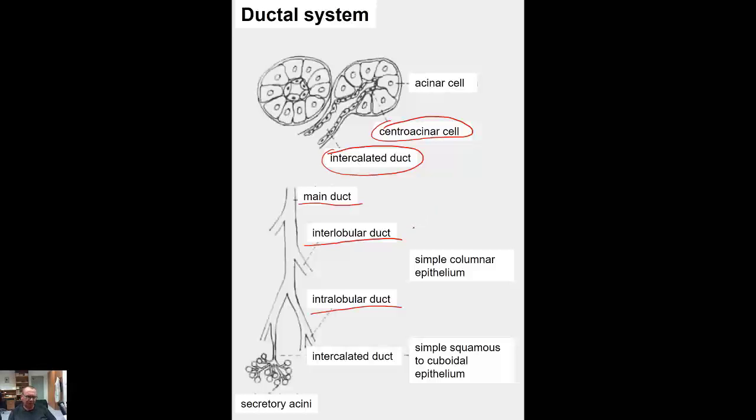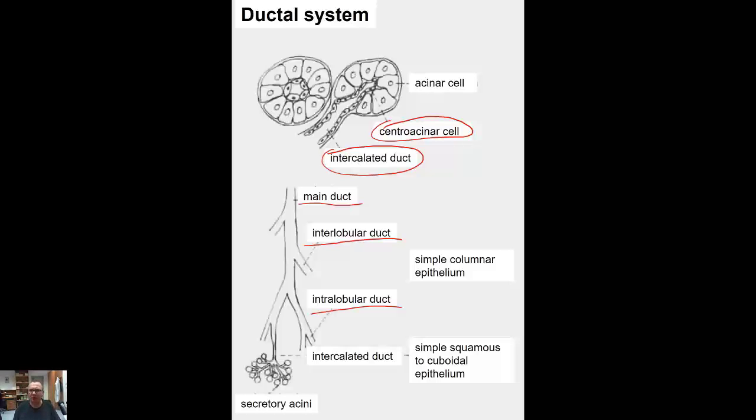There is a rule that the main duct of any big gland is lined by the same epithelium as is in the organ where it goes. The main and accessory duct of the pancreas go to the duodenum.